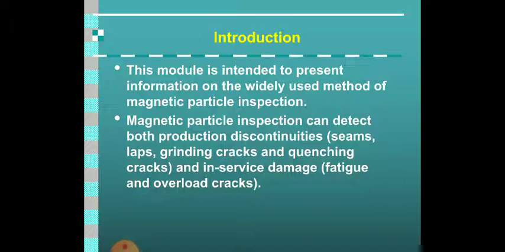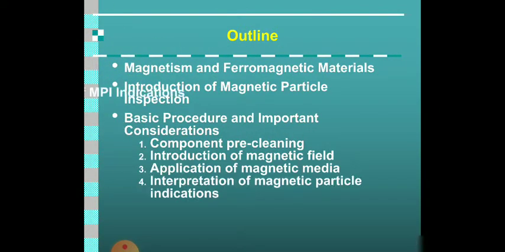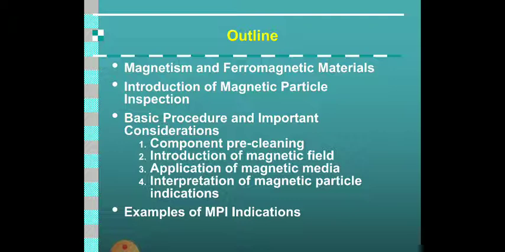This magnetic particle inspection can detect both production discontinuities, like grinding cracks and quenching cracks, and in-service damage; we discussed these points. I'm just passing on this one by one, and then we come to the point of how this magnetic particle inspection takes place.